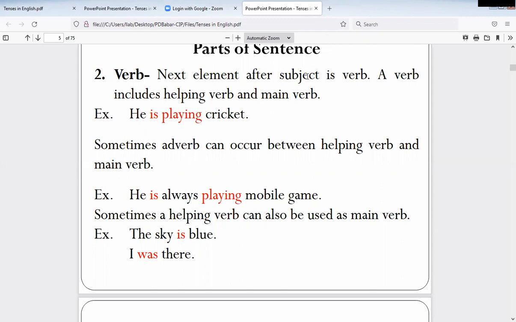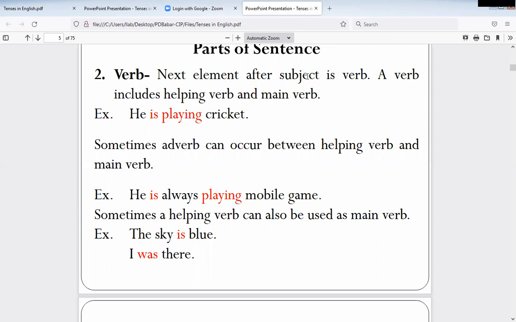A verb includes helping verb and main verb. So a verb has two types: first is the helping verb, and the other is the main verb.